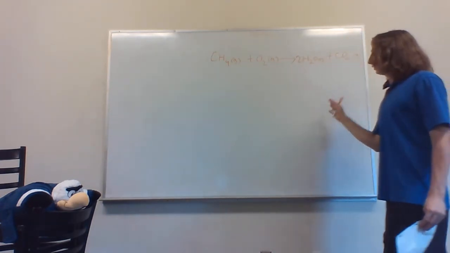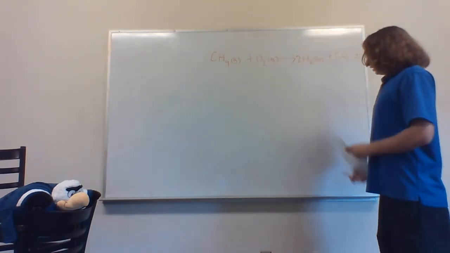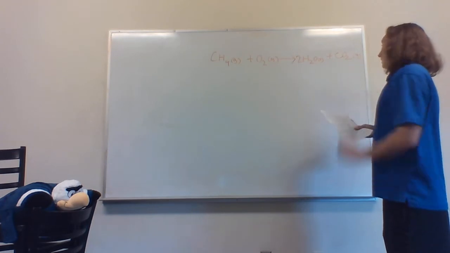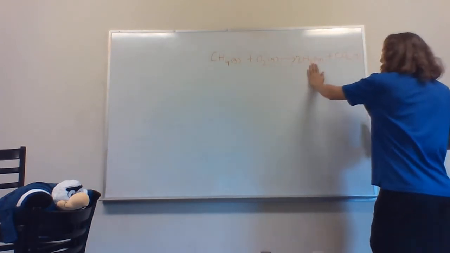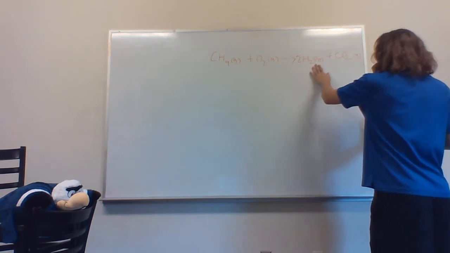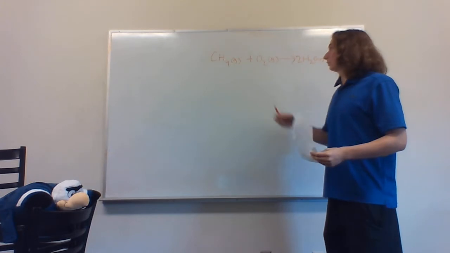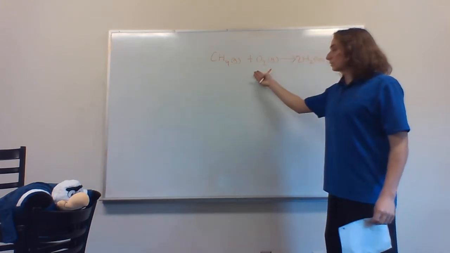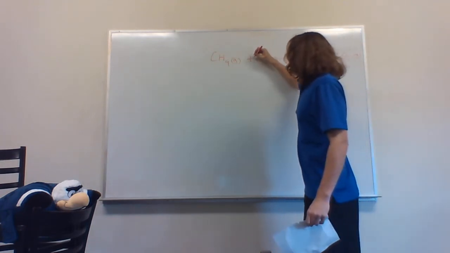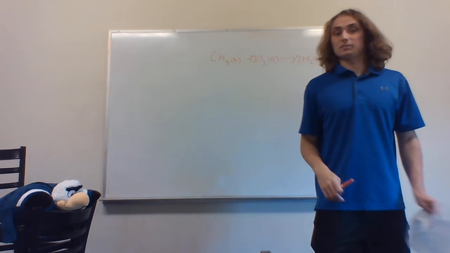We have 1 carbon on one side and 1 carbon on the other side. Now, all that's left is to balance oxygen. We have 2 oxygens on the left side, and 2 plus 2 so 4 oxygens on the right side. So we need 2 more oxygens on this side, which is easy. Now there's 4 oxygens total on both sides. We have our balanced equation.